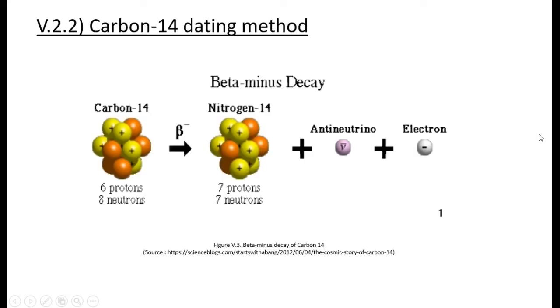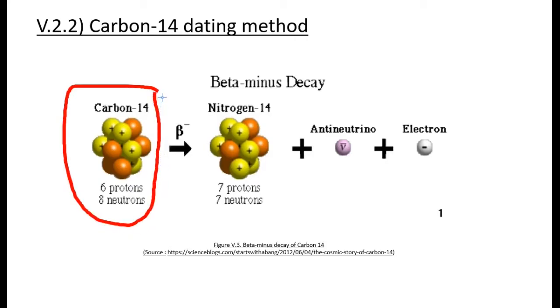This is carbon-14 here. In this beta reaction, it will disintegrate into a nitrogen-14, and it will also produce an antineutrino and an electron. This is interesting because that means that in a sample which has a certain amount of carbon-14s, as time goes on, there'll be less and less carbon-14s and more nitrogen-14s.